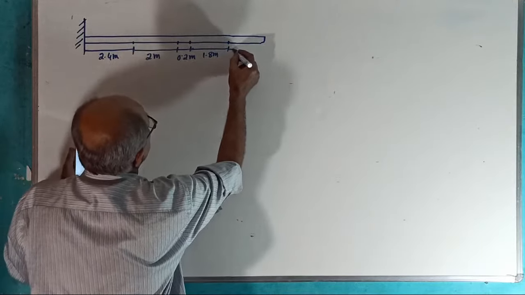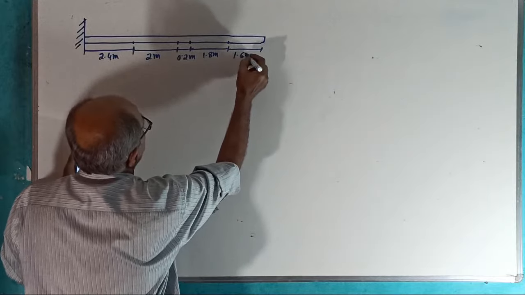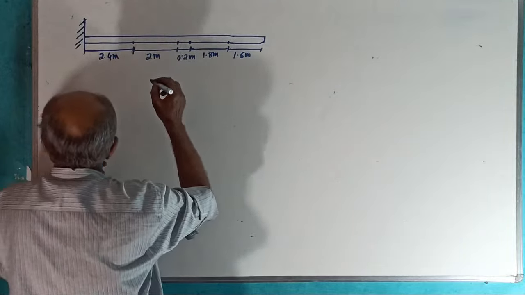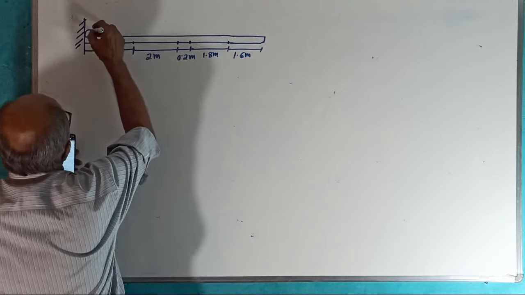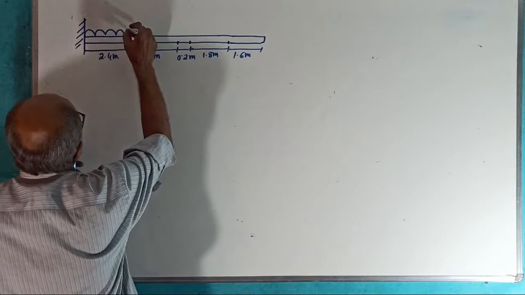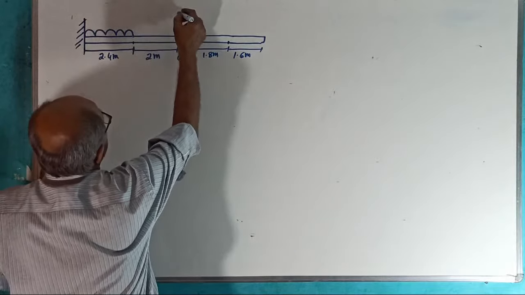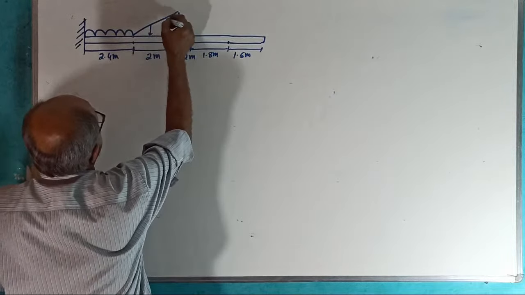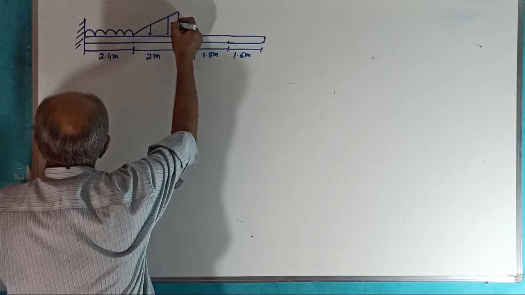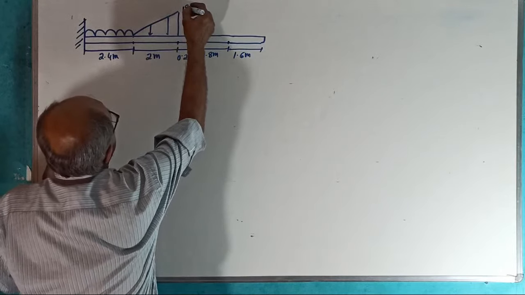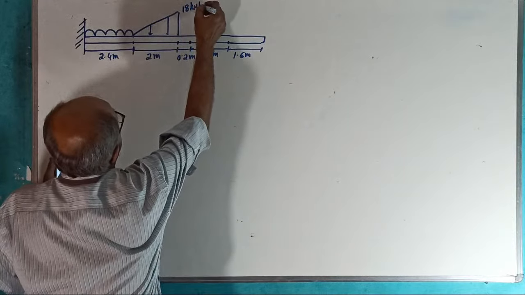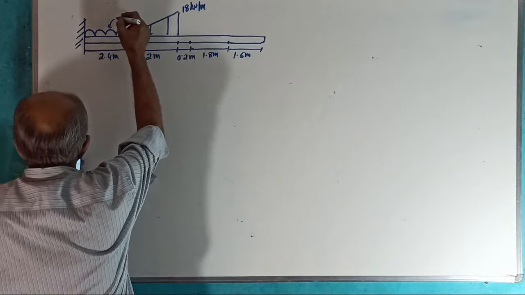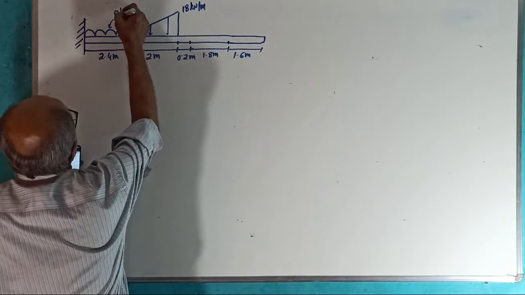This is 1.6 meter. Next, UDL here. Right from there UVL. This way. 0 to 18 kN per meter. UDL is 8 kN per meter.